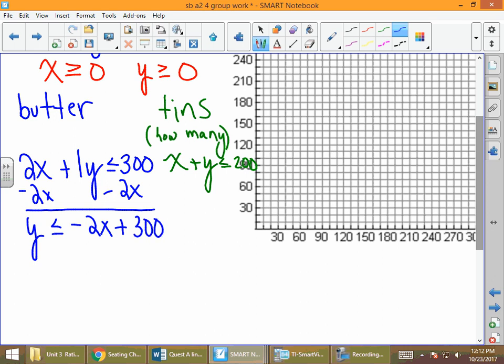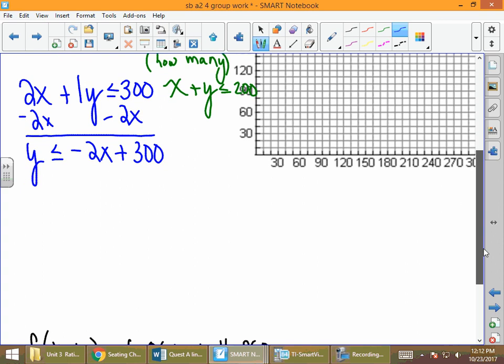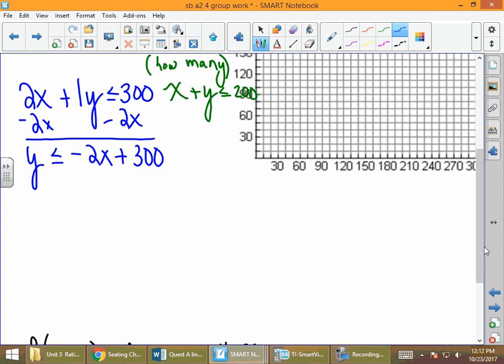We want to identify our slope and our y-intercept. The y-intercept is 300 and our slope is negative 2. But remember, slope is rise over run, so it's negative 2 over 1, to help us graph in a couple of minutes.